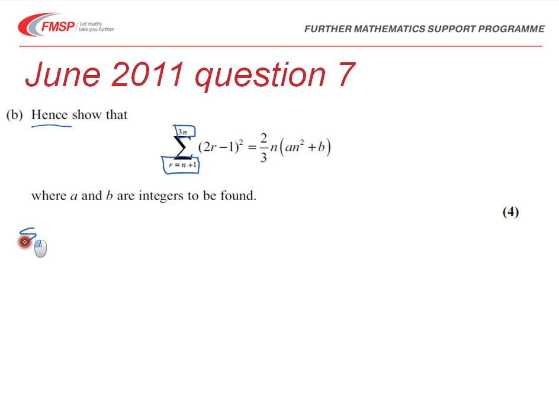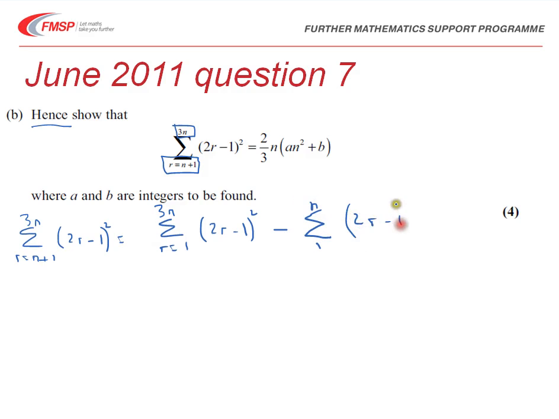So we can use the same technique as before, that the sum from r equals n plus 1 up to 3n of (2r minus 1) squared is equal to the sum from r equals 1 to 3n of (2r minus 1) squared, minus the sum of 1 up to n of (2r minus 1) squared.